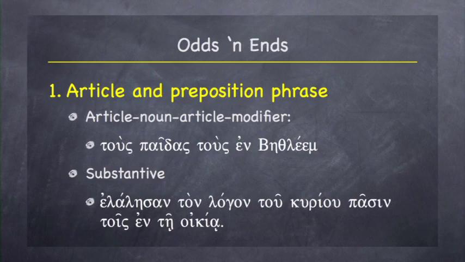Well, that second tous is simply telling you that the following prepositional phrase is modifying paidas, the children, the in Bethlehem. Now, how do we say that in English? Well, we might say the children in Bethlehem, or we might say the children who are in Bethlehem. That's an English style thing. And again, you have to be flexible in translating these.